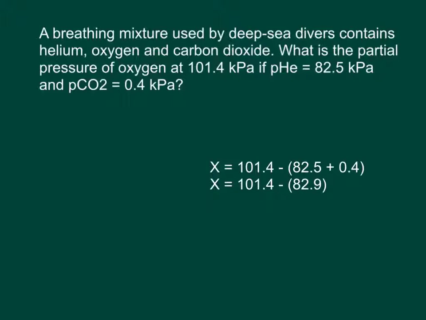So all we're going to do to finish this equation is 101.4 minus 82.9 to get our final answer, which will be our partial pressure of oxygen. And so x equals 18.5. And that is our final answer for this equation.